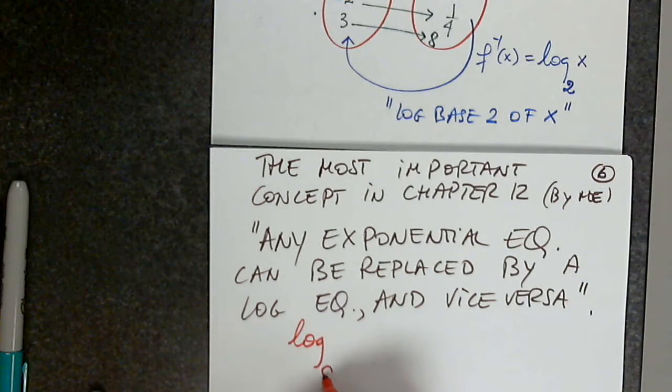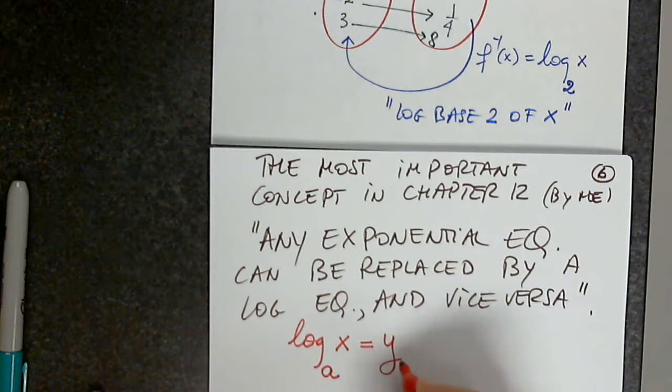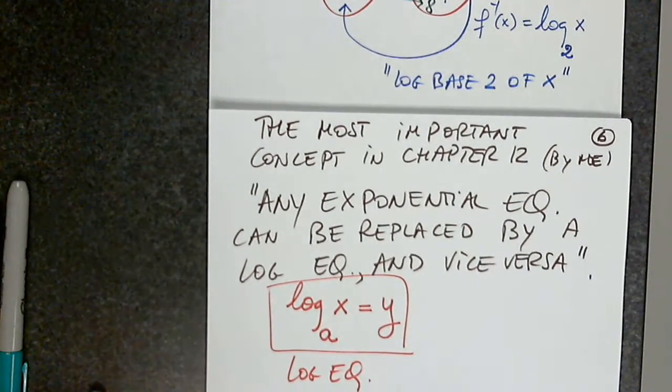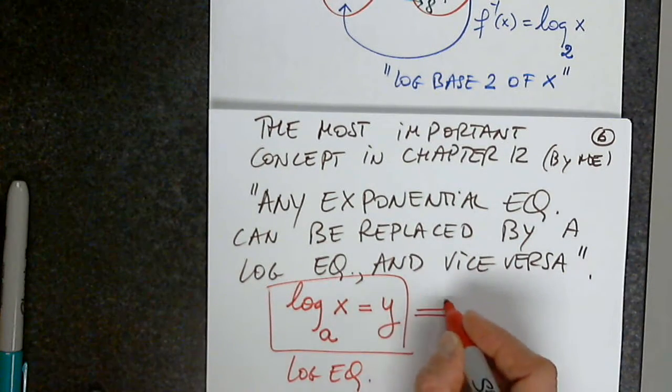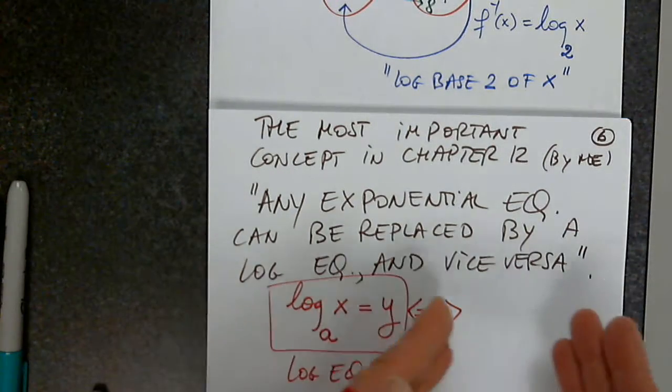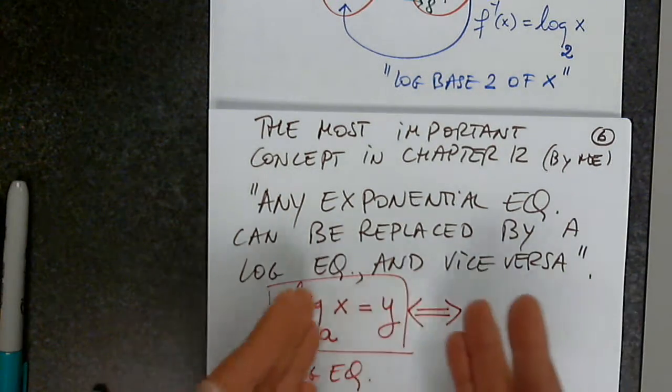Log base A of x is a number y. This is my log equation. I'm using this symbol, the double equivalency symbol. What does this symbol mean? It means that this can be changed into this, and this can be changed into this.